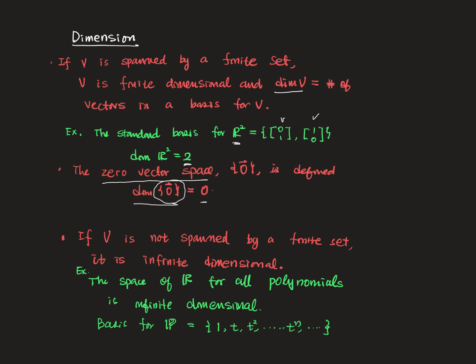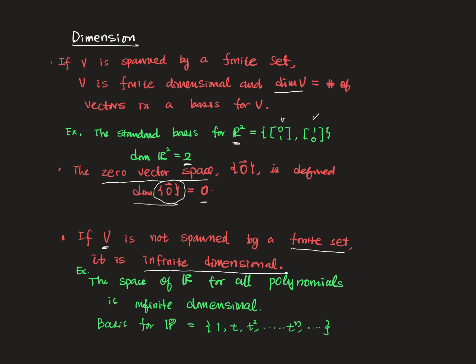Another thing you have to understand very carefully is infinite dimension. If a vector space is not spanned by a finite set, then the vectors in the base are infinite, and we say it is infinite dimensional.